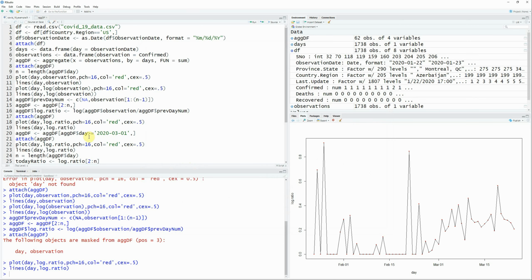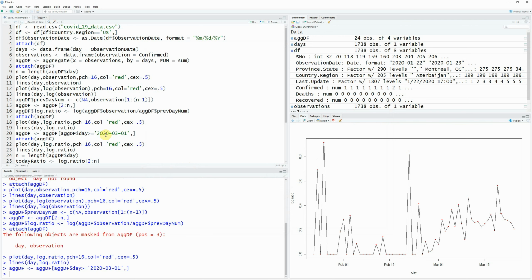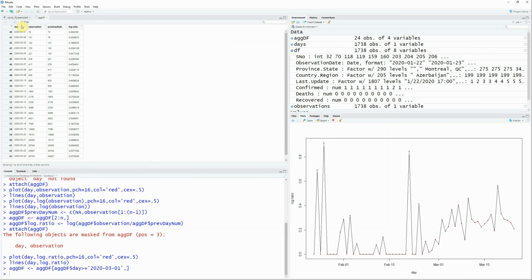So what I do is I'm only looking at the observations that are in the month of March, and now my data frame is going to be smaller than what it was before. You see it starts from 76 with 70 the previous day, so very close to 100.